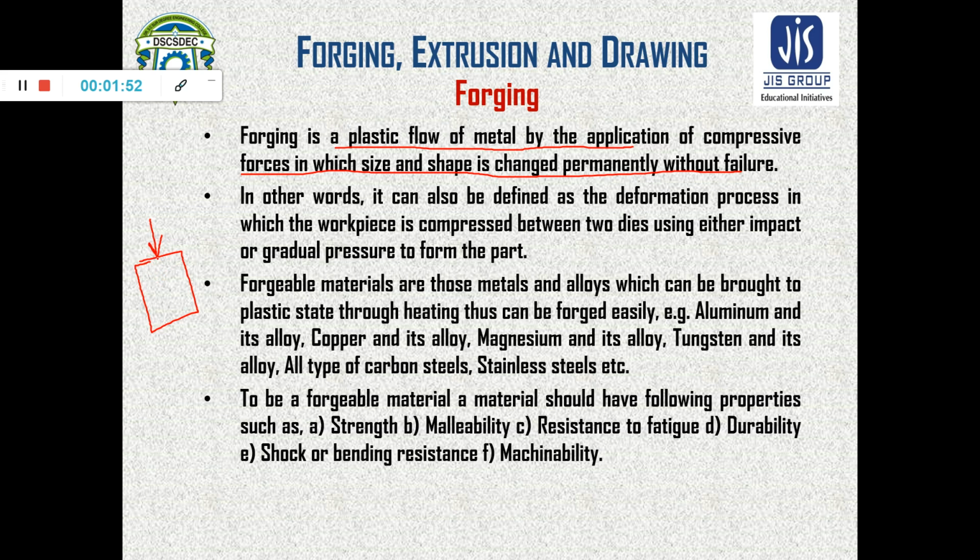That means the bulk of the material tries to flow in a specific direction, so that the desired shape can be made. This type of operation is known as forging.